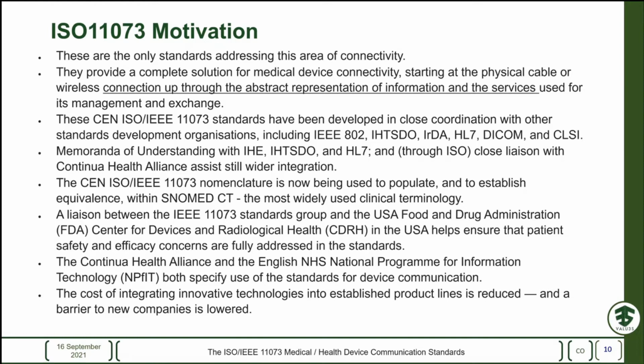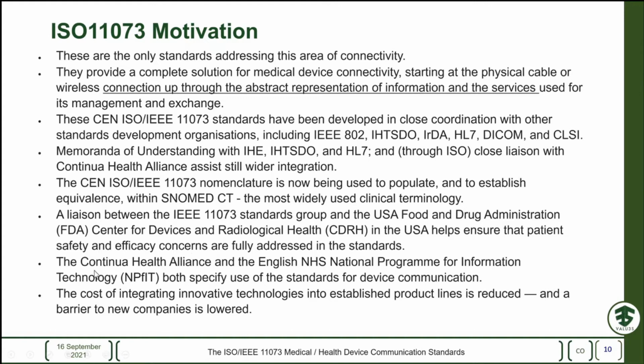At the same time, I must say it is a very complicated norm to implement, and there is what is called the Continua Health Alliance, which is a specific company that has not a benefit or profit target, but has the target to help manufacturers to implement the norm inside their devices, and they provide assistance to this work.